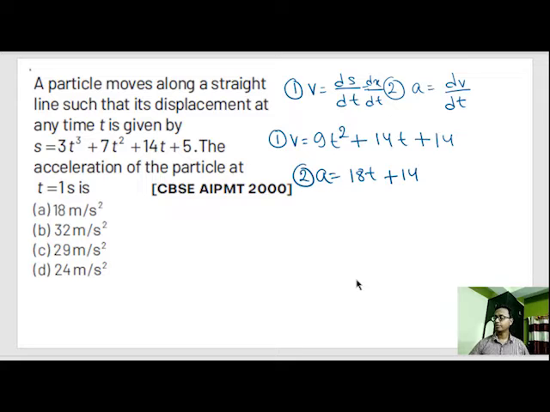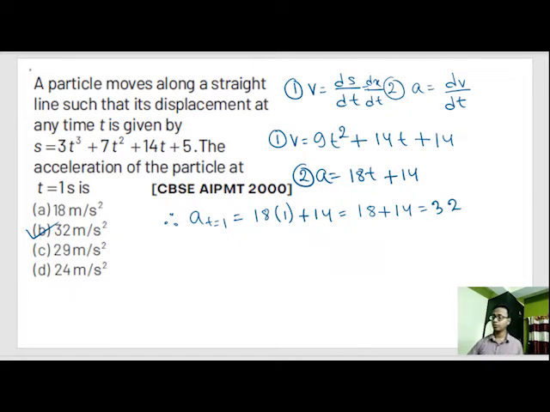So at t equal to 1 second, we have to substitute t equal to 1 in this equation: 18 into 1 plus 14, which is 18 plus 14, nothing but 32. So our correct option is option number B.